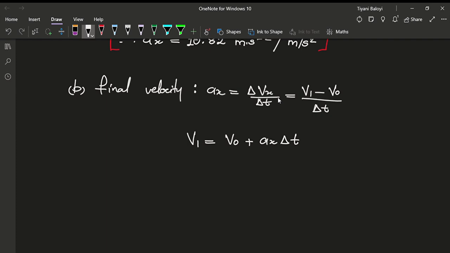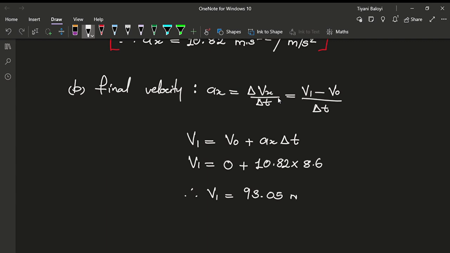And then you want this v1, so v1 is equal to, when v0 is 0, multiplied by 10.82 multiplied by 8.6. Therefore v1, that's your final velocity, we get 93.052, so 93.05 meters per second.